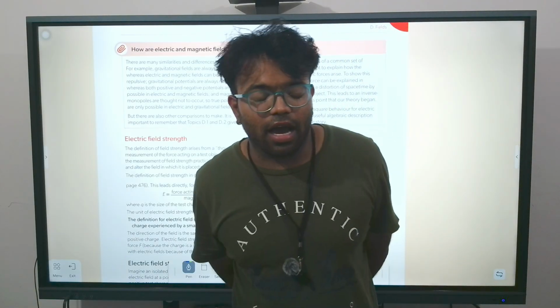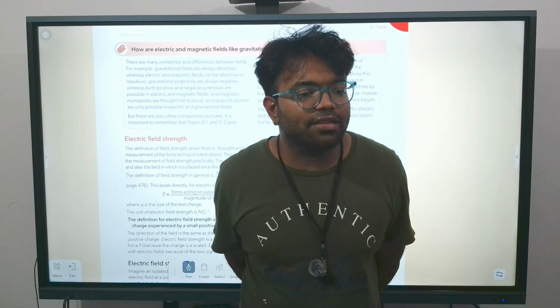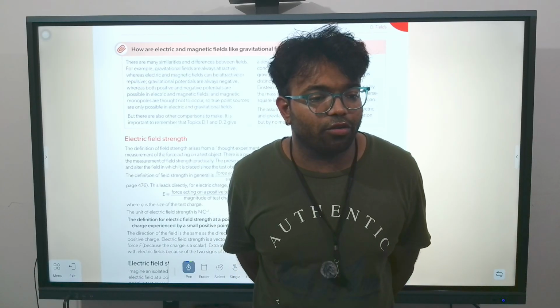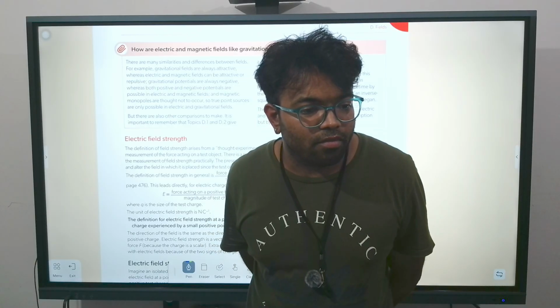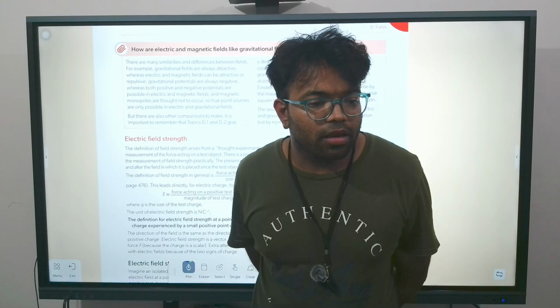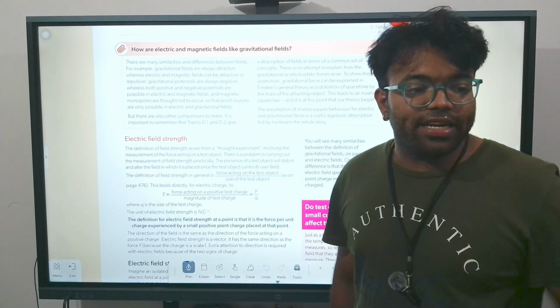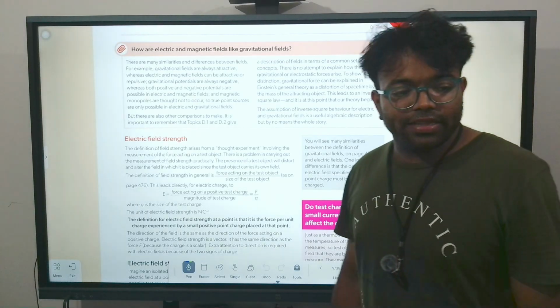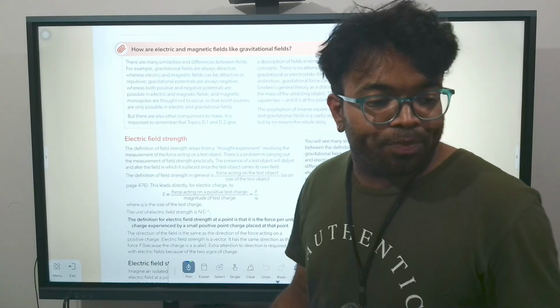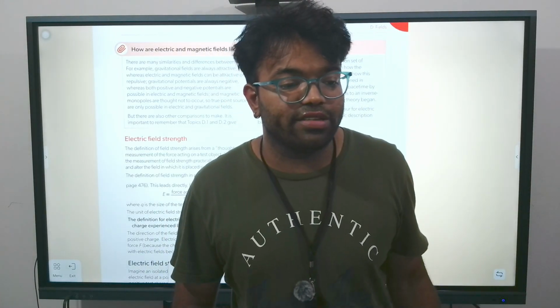Now, Akshay, when does the gravitational potential become zero? Does it ever go positive? Exactly, at an infinite distance from the source of the gravitational field, we get to see zero potential.